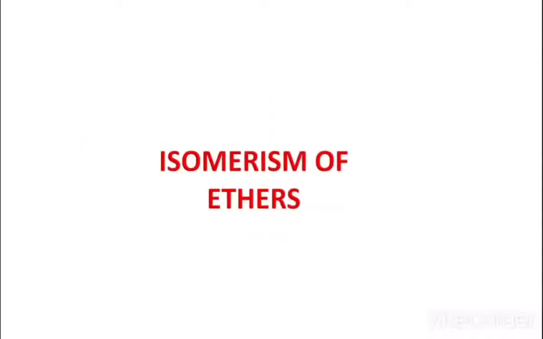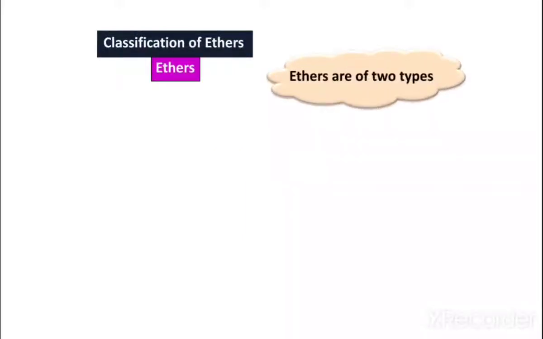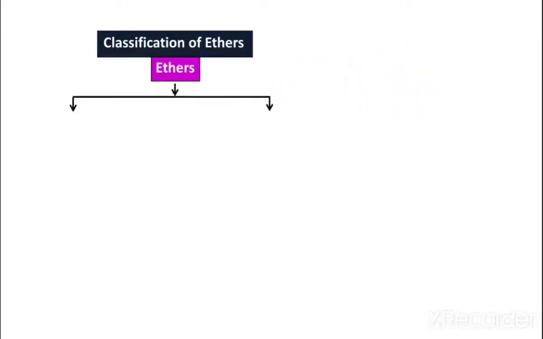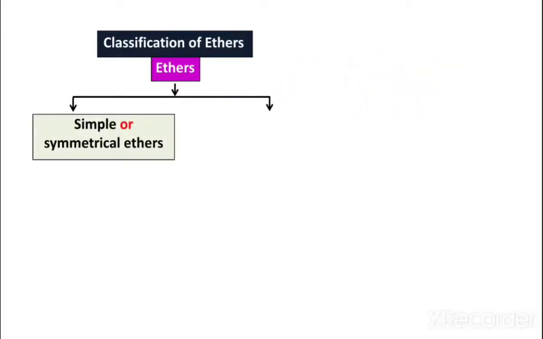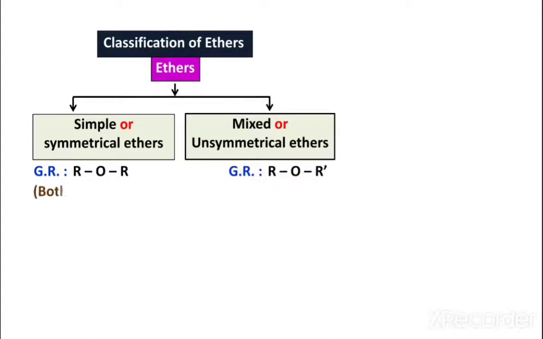Now then, isomerism of ethers. In the classification of ether, there are two types of ether: simple or symmetrical ether, then mixed or unsymmetrical ether. The general formula in case of simple or symmetrical ether is represented as ROR, and in case of mixed or unsymmetrical ether it is represented as ROR dash.